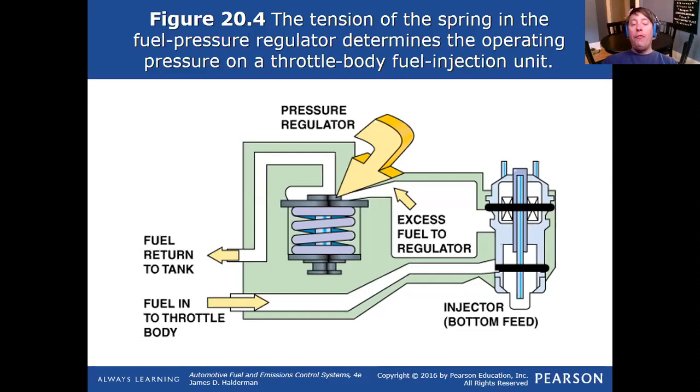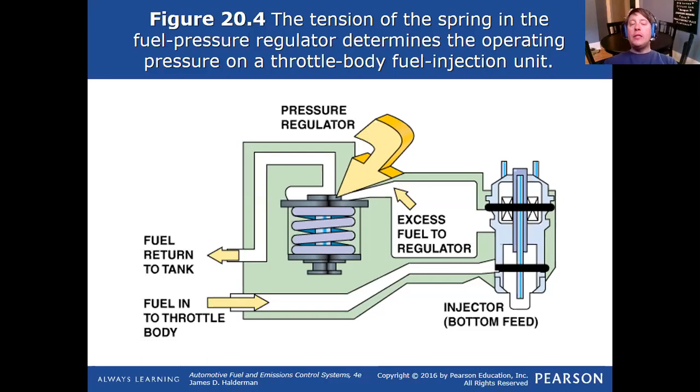So the pump will feed the pressure regulator. The pressure regulator has a set spring and/or electronic. There are electronic pressure regulators out there. And what it'll do is dump off everything beyond that set pressure.